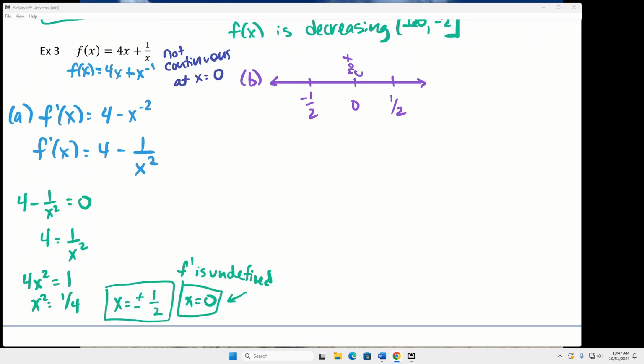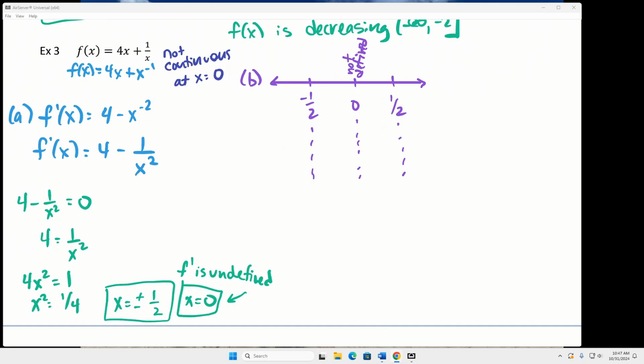I'm just going to say not defined. So we can't say that there is a relative max or min at 0 or a point of inflection or anything. That point doesn't exist in our function. So I write myself a note to remember that, because sometimes I get caught up. And also when I'm doing my intervals of increasing and decreasing, I can't include 0 because the function doesn't exist there.